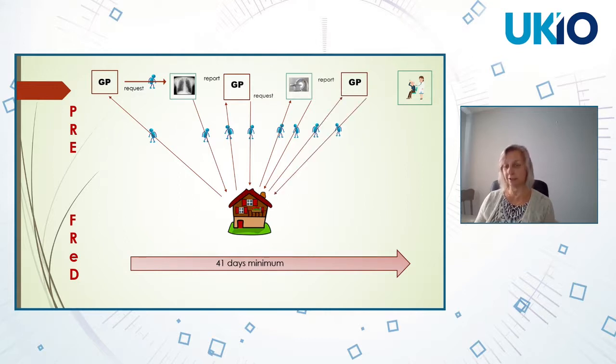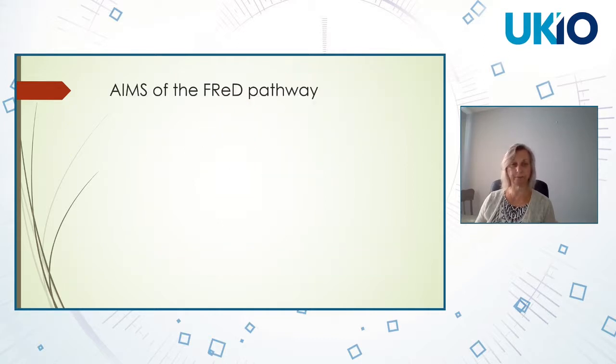If it was then necessary, the GP would have to initiate the 2-week wait referral to the chest physician, and the patient would then wait for that referral and go to see the chest physician. So on average, we believe that this took an average of 41 days to occur.